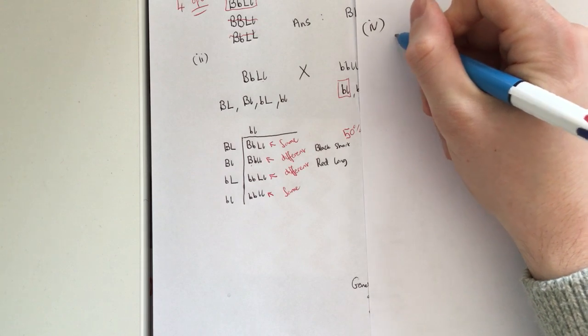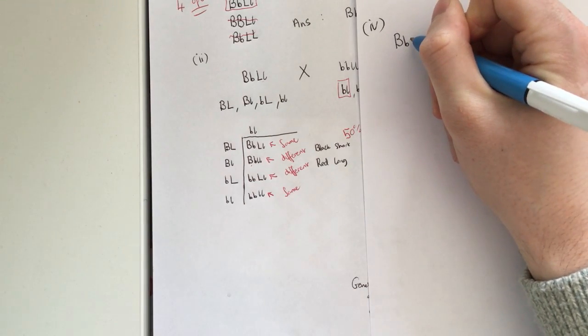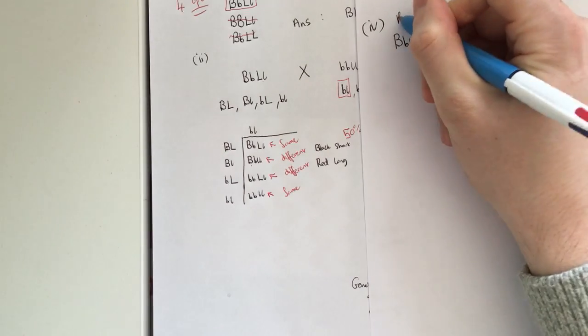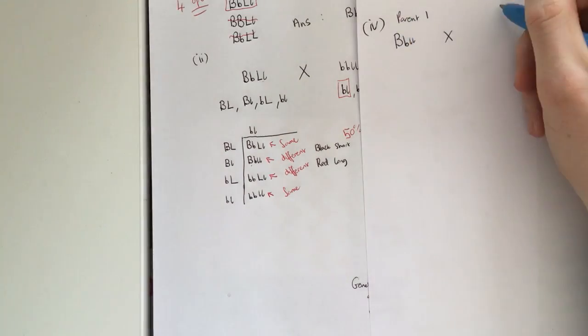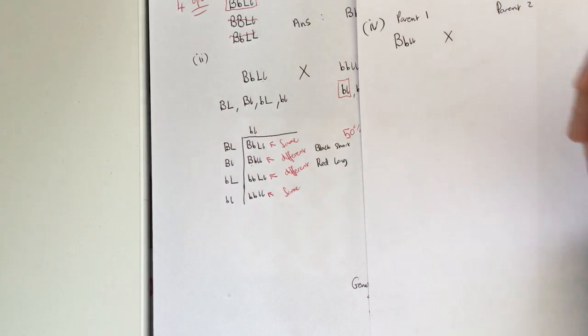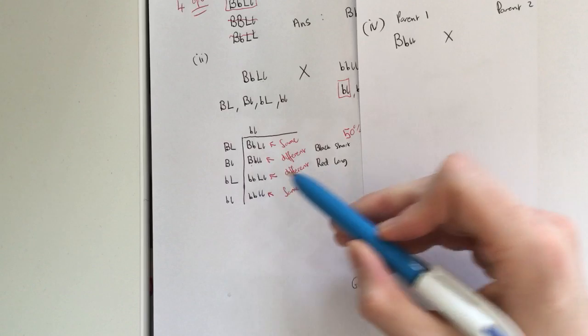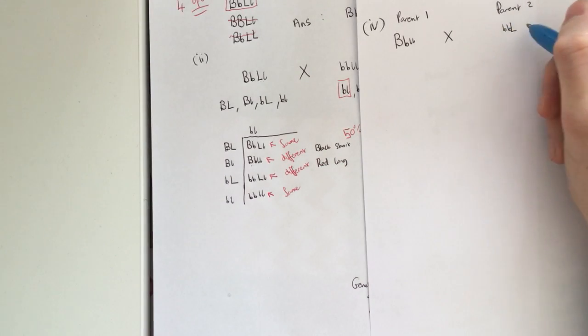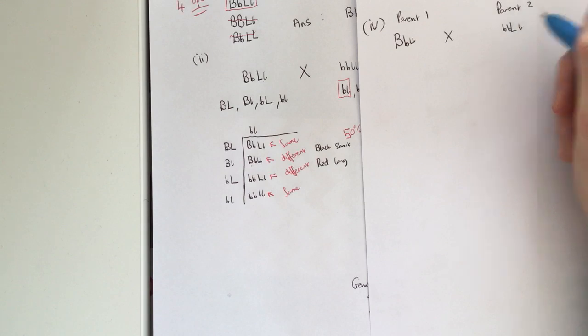So black short, big B, small b, and we have small l, small l. That's going to be parent 1. And parent 2 is the red-eyed, long-eared rabbit, red, long. So therefore it's going to be small b, big L, small l.